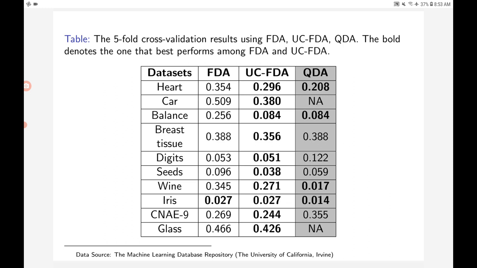This is possibly because quadratic discriminant analysis has more parameters to estimate, but the sample size is not large enough compared to the number of features. And you can notice that for the CAR dataset, quadratic discriminant analysis doesn't even produce a result, and the same thing happened for the GRASS dataset.